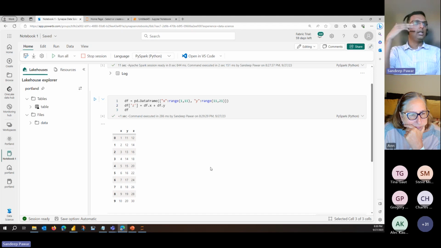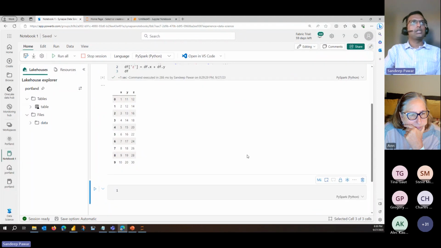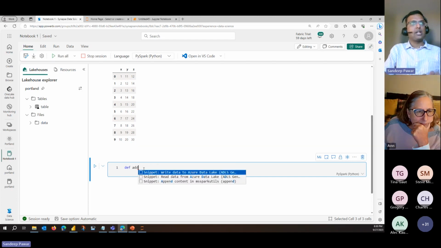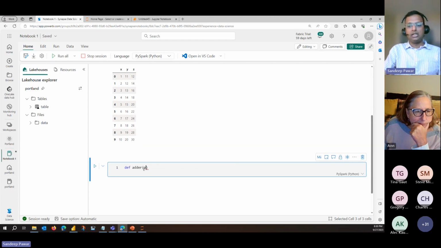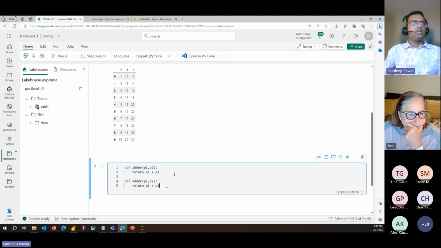So how will we go about doing this using data science and machine learning? Like I said, we have to have some sort of a hypothesis. My first hypothesis is that I create a function that accepts two values, and in return, it gives me P1 plus P2. Then maybe it is not that.